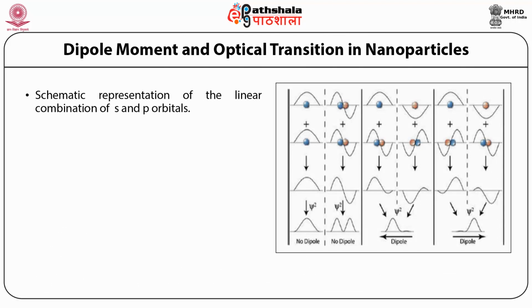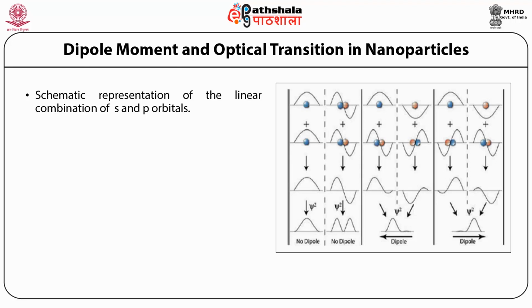Dipole moment and optical transitions in nanoparticles. So this figure schematically shows what happens when different orbitals with different phases are mixed. A symmetric mixed state results without a dipole moment when two orbitals with the same parity are mixed.